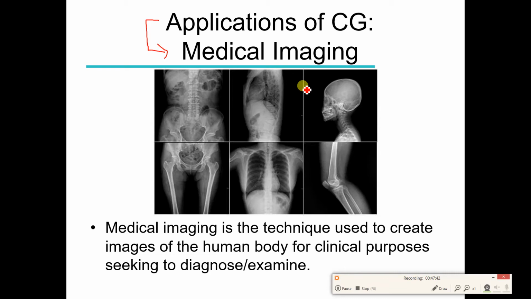We have to identify this, maybe a coin or some metallic object. So we want to locate the position of this object and then maybe perform some surgery or some other procedure to remove that object. So this is an important application for computer graphics.